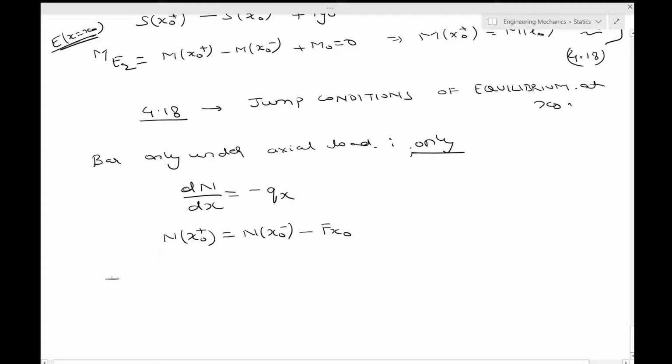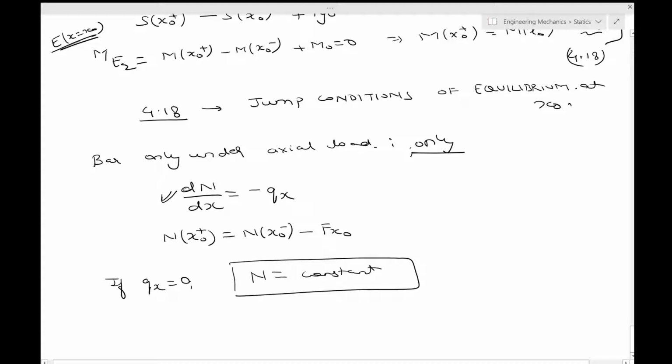If again qx is equal to 0, then this equation will give us what? N is equal to constant, because dN by dx is equal to 0 then, and this is a situation which exists in a two-force member, two-force straight members.